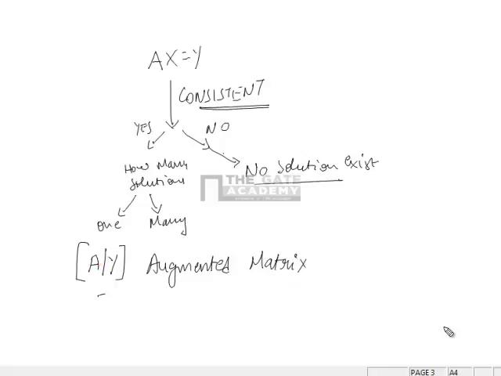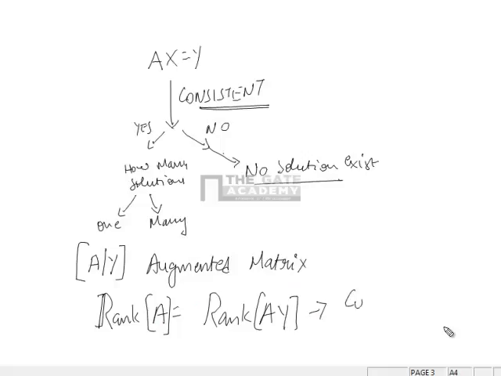Now, if rank of A is equal to rank of [A|Y], then the system is said to be consistent. This is the consistency condition I am talking about here. If rank of A is equal to rank of the augmented matrix, then the system is consistent.